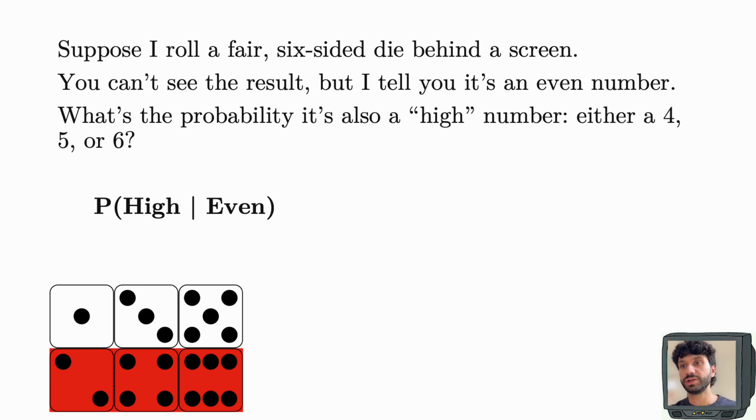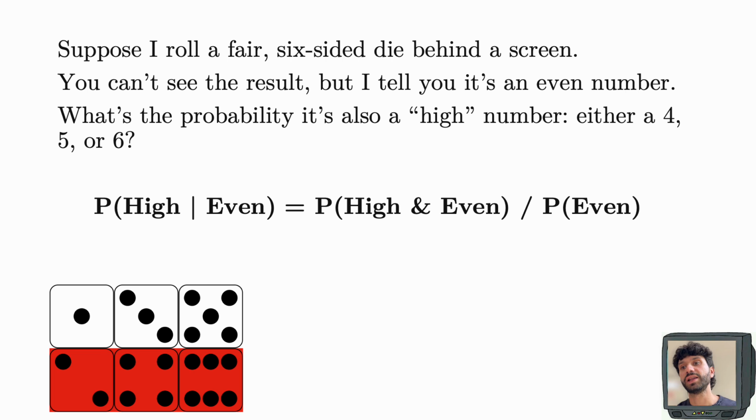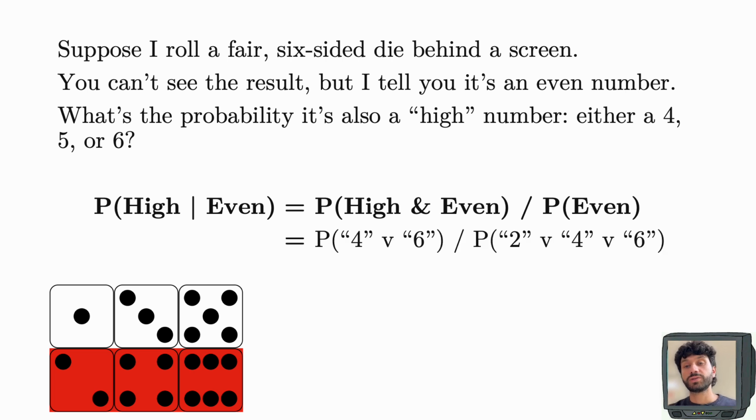So by definition, this is equal to the probability that it lands on a high number and an even number over the probability that it lands on an even number. So right here, we just know how to do this, right? High and even, what are the only possibilities that are high and even on a six-sided die? Well, they're 4 or 6, right? High is from 4 to 6, and low is 1 to 3.